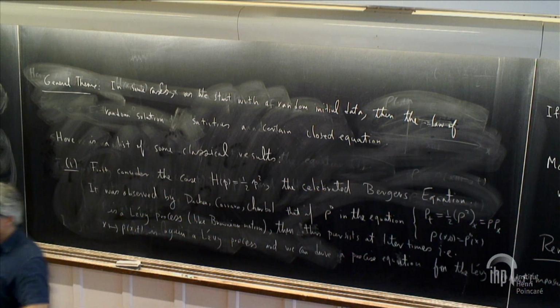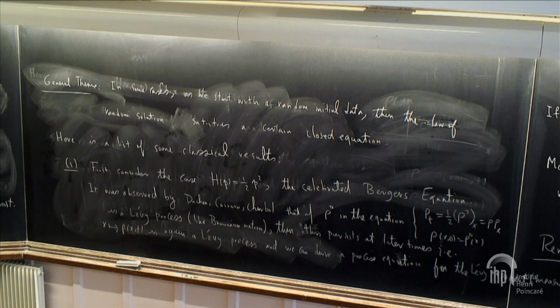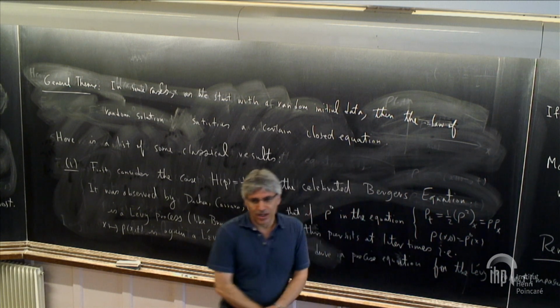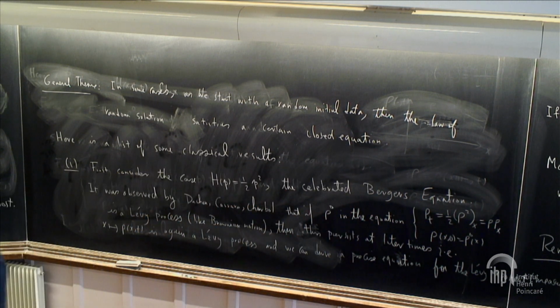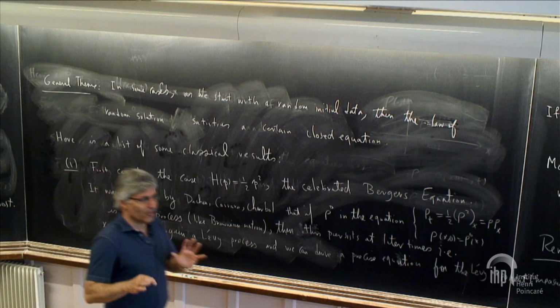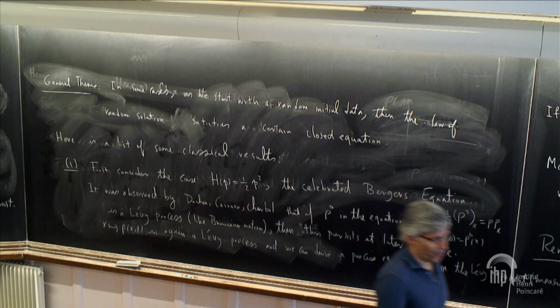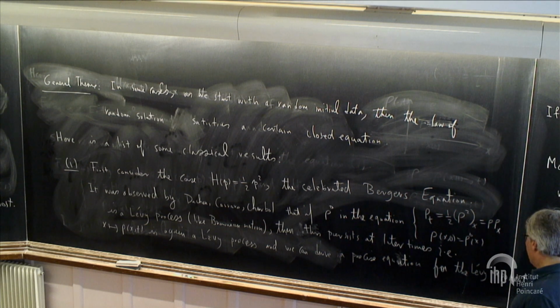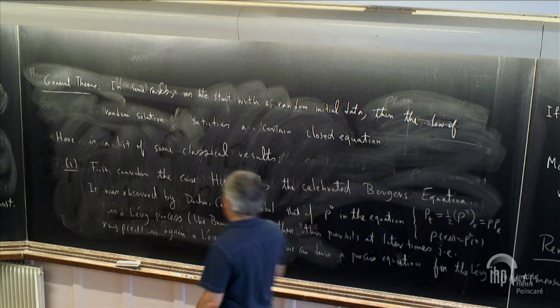In fact, what they did, they constructed something called a statistical solution to the equation, which behaves exactly in this way. Though this statistical solution was a little bit strange. For one thing, it was not known whether the so-called statistical solution would coincide with the entropy solution. And then later, Berkeley observed that, in general, that is not the case. So it was not clear that what they constructed is what we want.